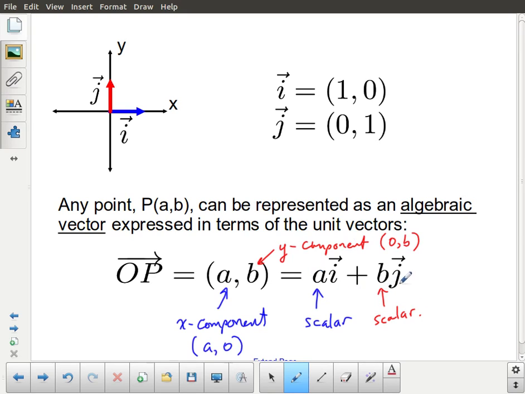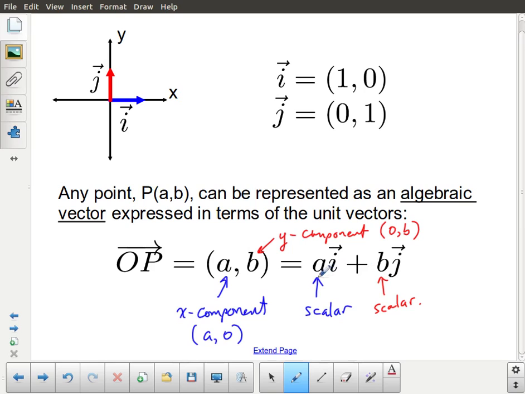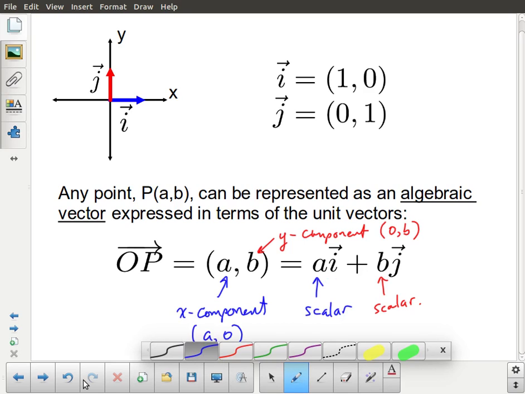So using this i and j notation, we can take any vector in R2 and we can represent it this way. Now, representing it this way is actually very convenient when it comes to algebra, because it's going to allow us to collect like terms and to group things together in a way that's very familiar to us. And you'll see that as we work through our examples.